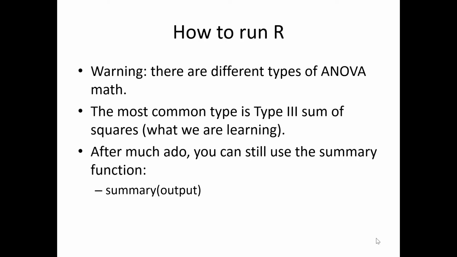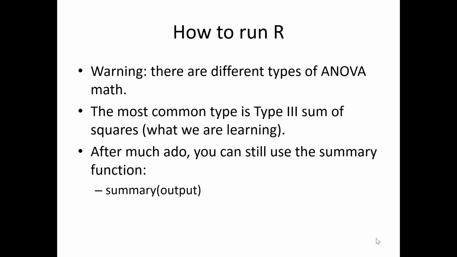That is perfectly well and good, but the Anova function with capital A assumes that your levels are ordered, which is not super common. That's the sort of thing you want to be concerned with if you're doing a trend analysis. There are ways to turn off the ordering, but it's actually more complicated than just running the summary function.